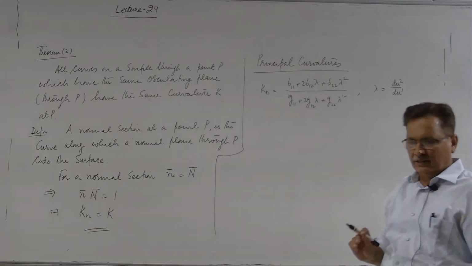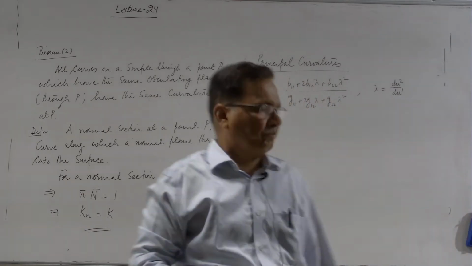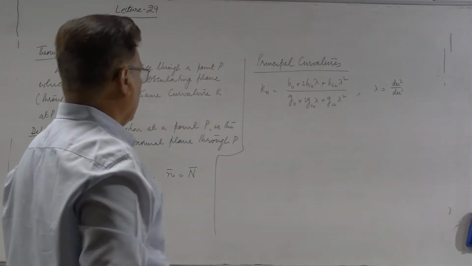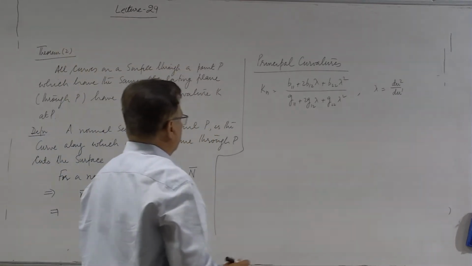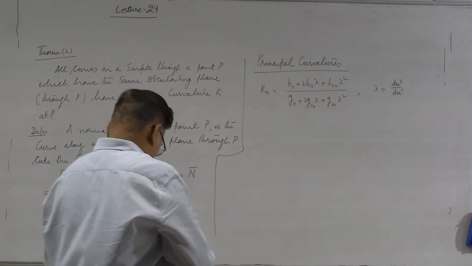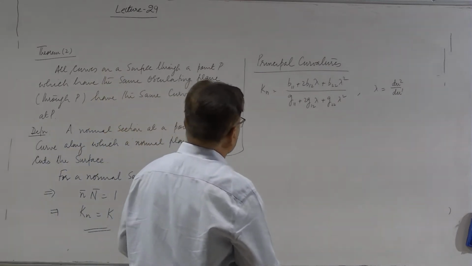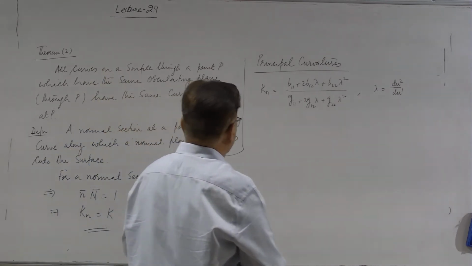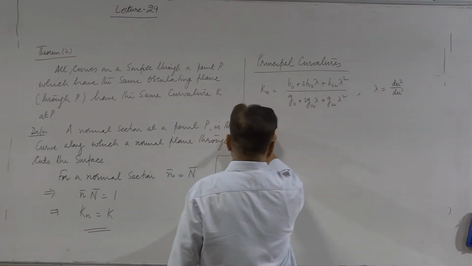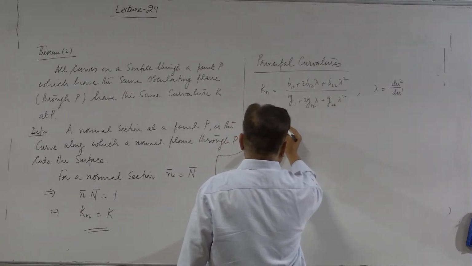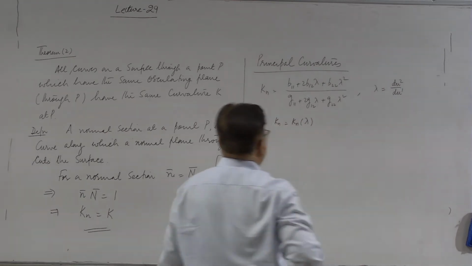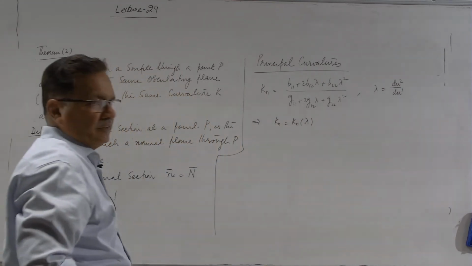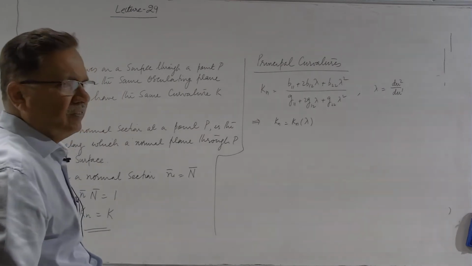We just discussed this expression of Kn in terms of lambda. Lambda denotes the direction of the curve or the tangent of the curve. Okay. So, we can see from here that Kn depends on lambda. We had already observed that Kn is a function of lambda, and it is a continuous function of lambda because it is a rational function.